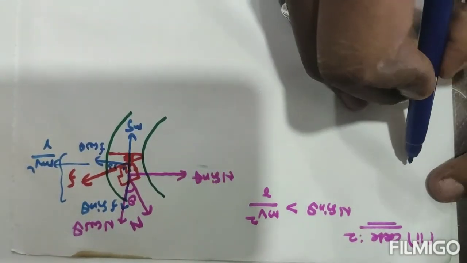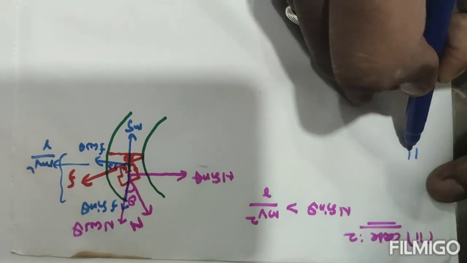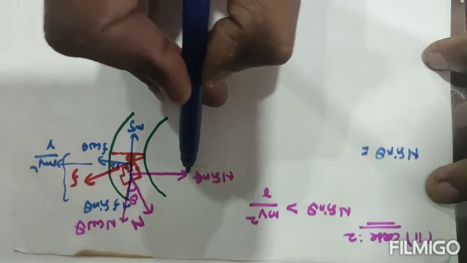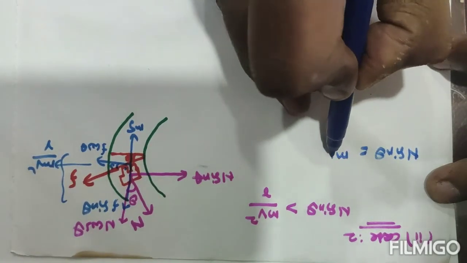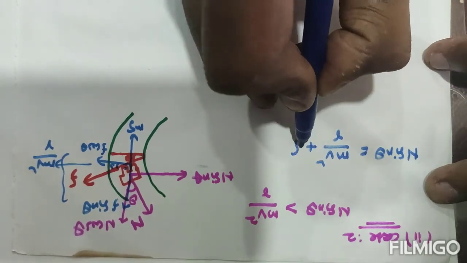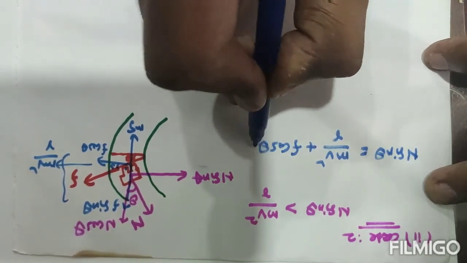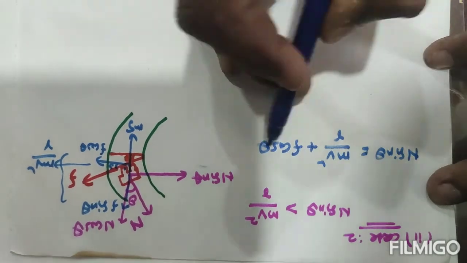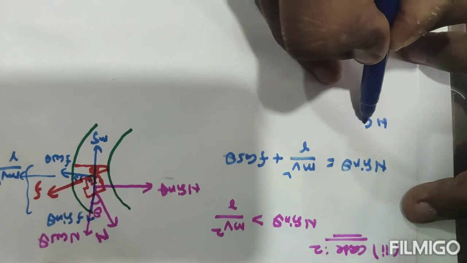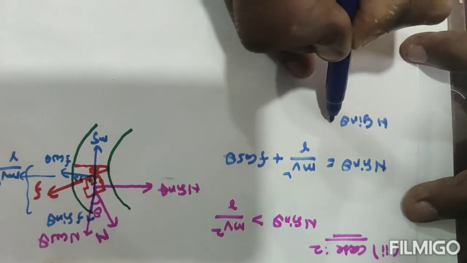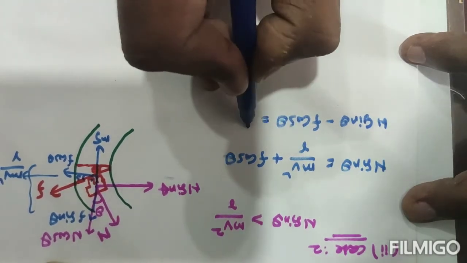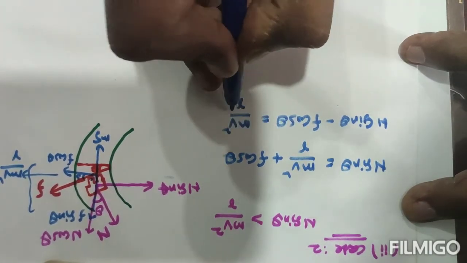So I can write now here N sin theta equal to mv squared divided by r plus f cos theta. So f cos theta is moving to the left side, so I can write N sin theta minus f cos theta equal to mv squared by r.